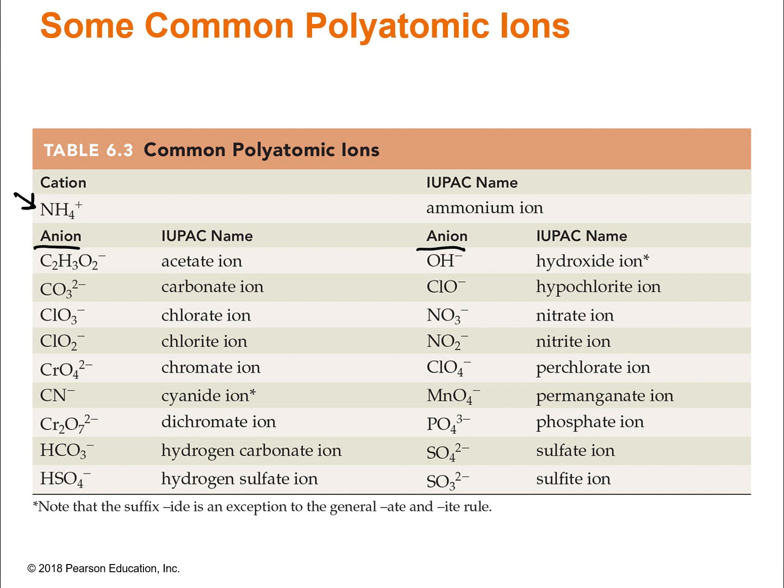So all of these ions you will not need to memorize, but you do need to be familiar with them so that you're not staring at this chart for 10 minutes to work on one problem. I'd recommend that you print it out and put it in your notebook. You'll have the periodic table and you'll have the common polyatomic ions for your upcoming exam 3.